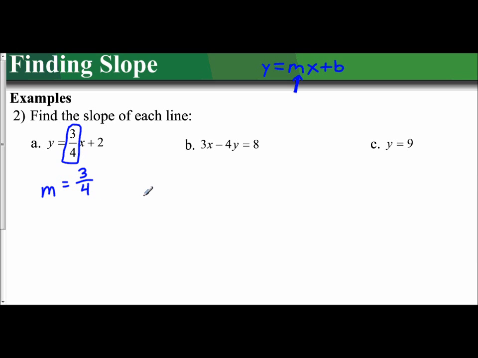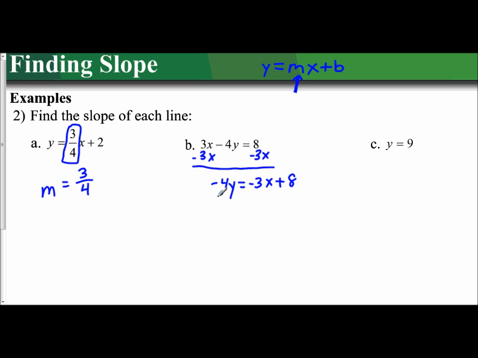Now, if we look at b, it says 3x minus 4y equals 8. That doesn't look like our slope-intercept form. And so we're going to have to convert it to slope-intercept form. So I'm going to subtract 3x to get the x to the other side. And I get negative 4y equals negative 3x, a positive 8, so plus 8.